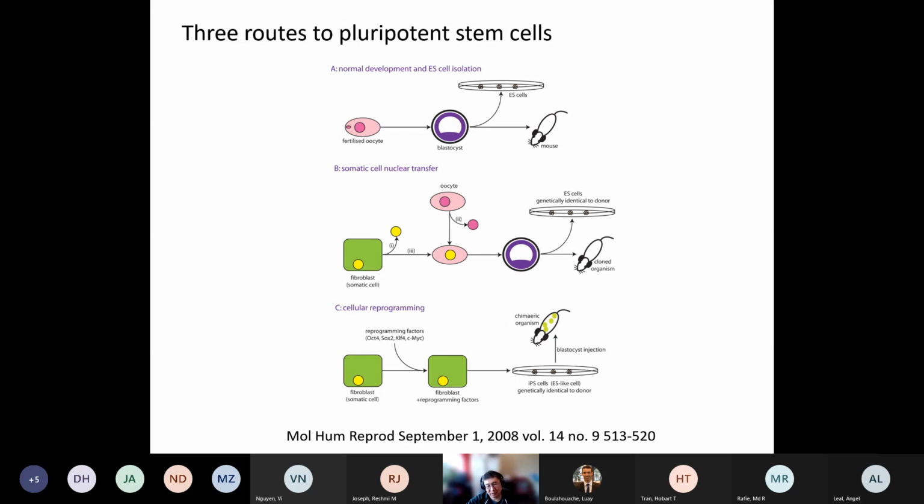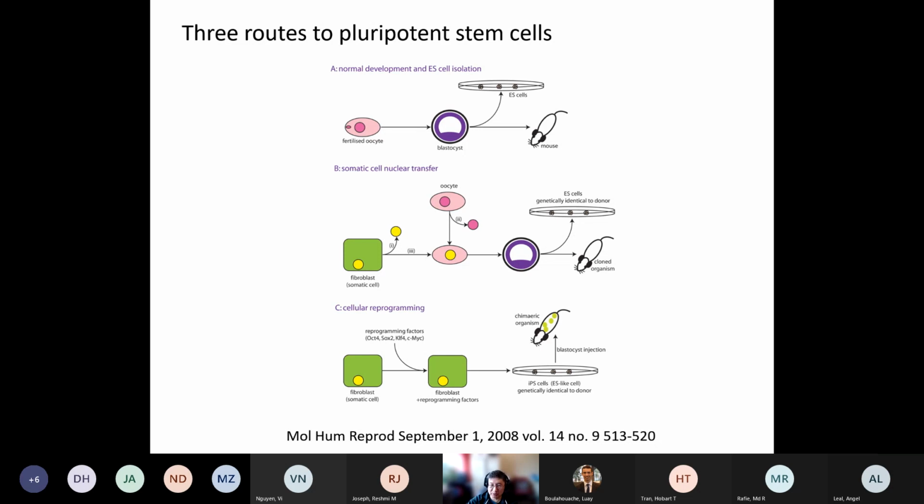In somatic cell nuclear transfer, your task is to reprogram a somatic cell toward a pluripotent stem cell, right? To do that, you remove the nucleus from an oocyte. The oocyte will have a nucleus, right?